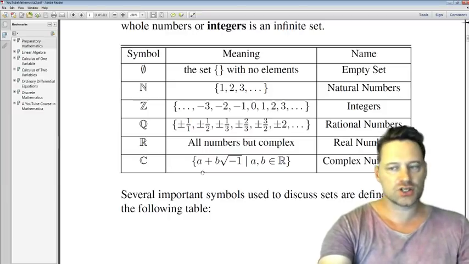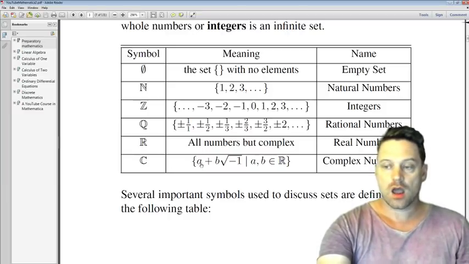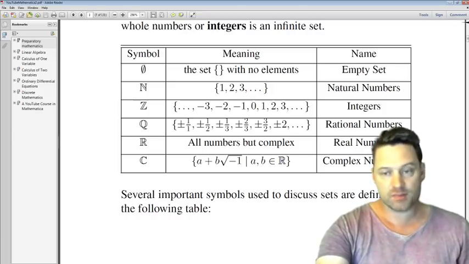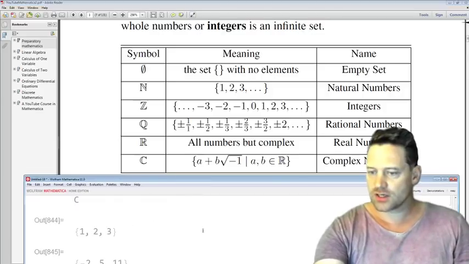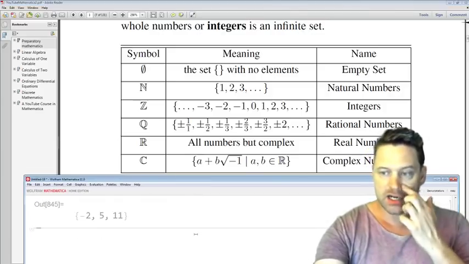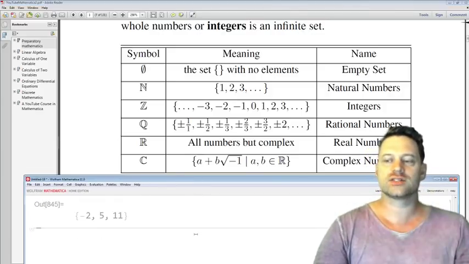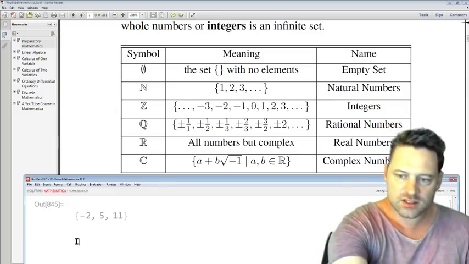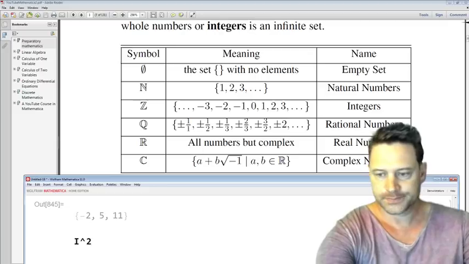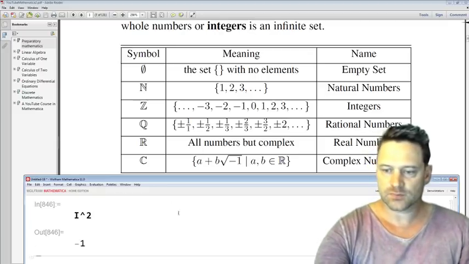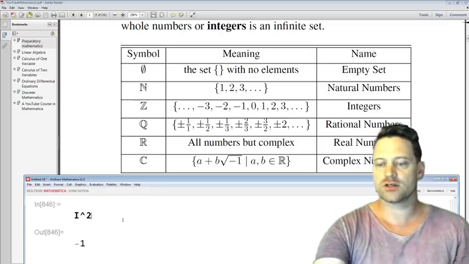I'll think about this in terms of Mathematica, because I'm describing this and I'm also going to be able to do this in Mathematica. In Mathematica you use an uppercase I to denote this. Let's just try squaring that, I squared. You get -1 when you press Shift Enter.